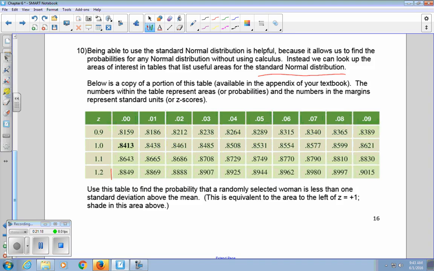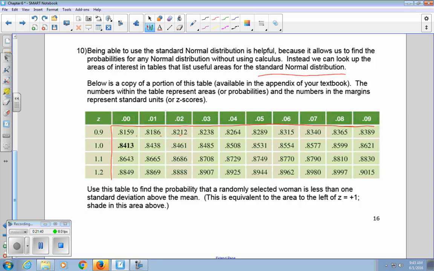So when I say in the table, we're talking about in here. These numbers are probabilities, and they correspond to z-scores. So what's the probability that a woman is less than 1 standard deviation above the mean?